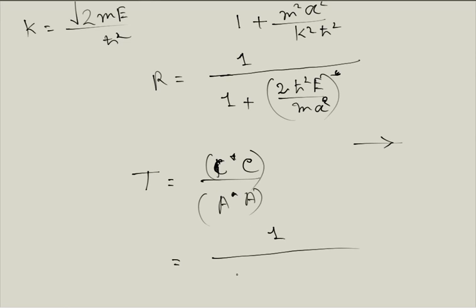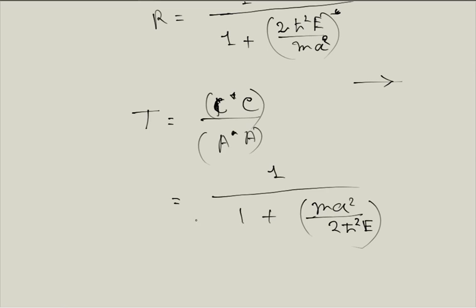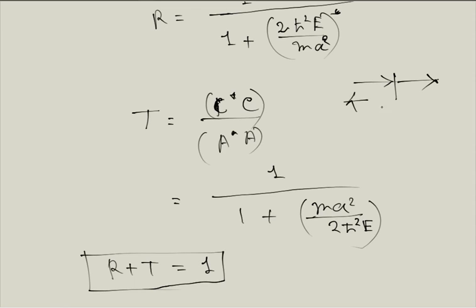We will get 1 over 1 plus m alpha square over 2 h bar square E. So if you add R plus T, you will get 1, and it simply means that the incident wave will be either transmitted or reflected. So the total probability of transmission and reflection is equal to 1, and it is simply obvious.